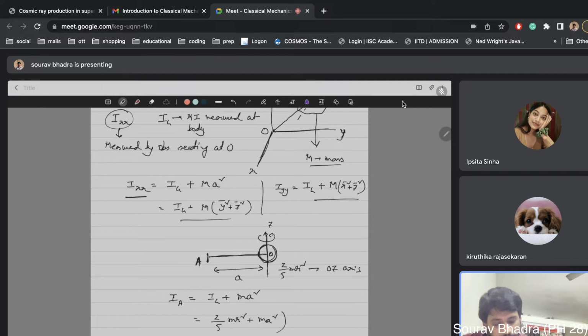So you can see this is your moment of inertia of the body with respect to a point A. You can think of it as an axis, let us call it capital X. So the moment of inertia of the spherical body with respect to the capital X axis is just the sum of the moment of inertia along the Oz axis plus the distance of O from point A.